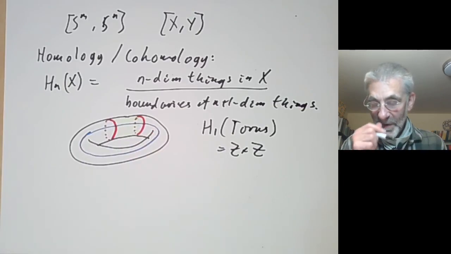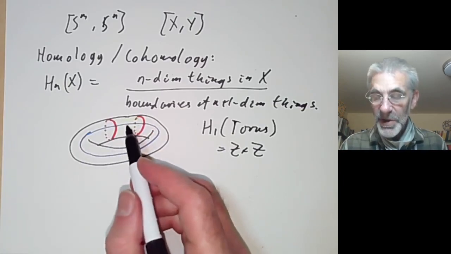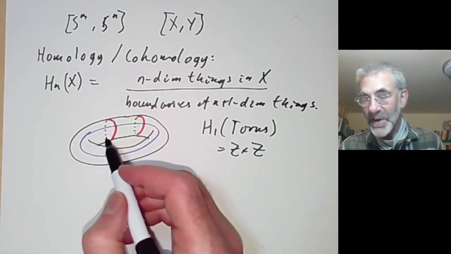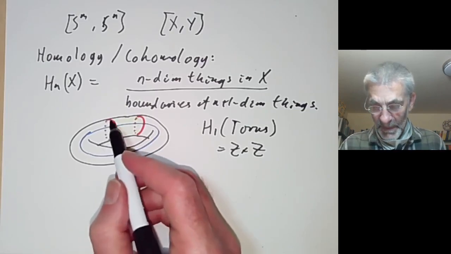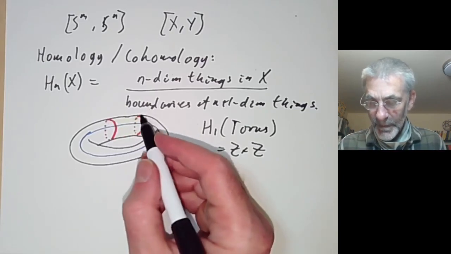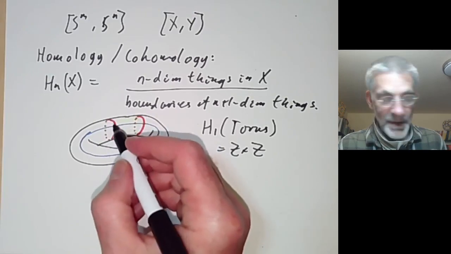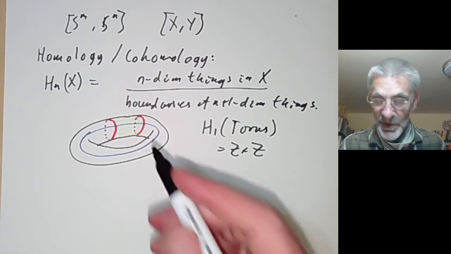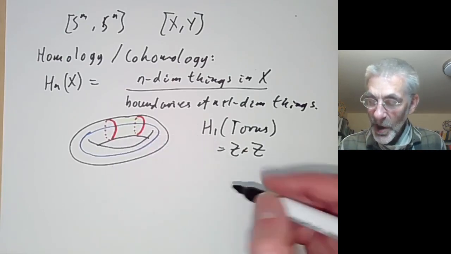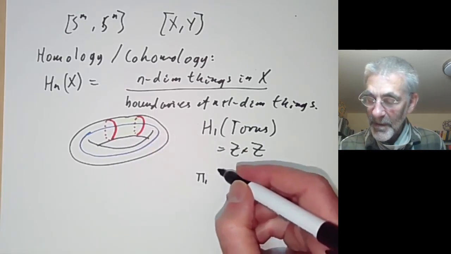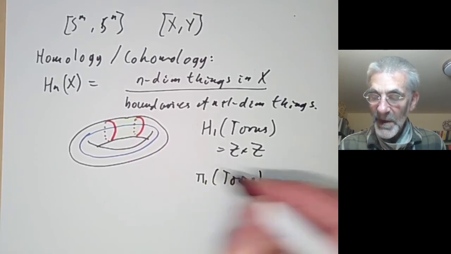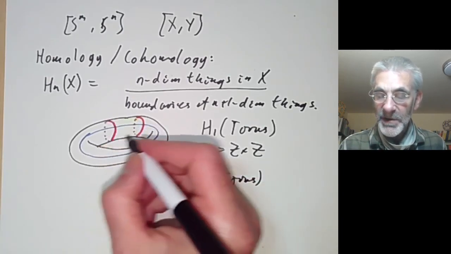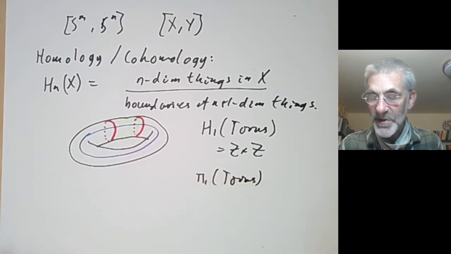Now, if you remember the picture I did for homotopy, you notice this looks very much like the pictures of circles in a torus that I had earlier. So you could also think of the first homotopy group of a torus as being represented by maps from a circle to the torus, and it would look very suspiciously like this.